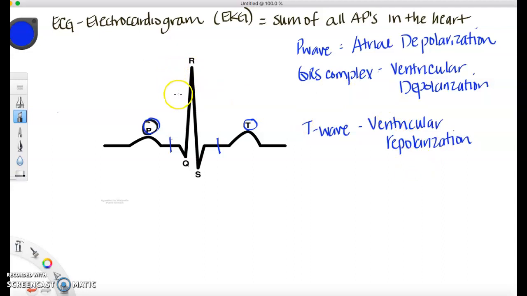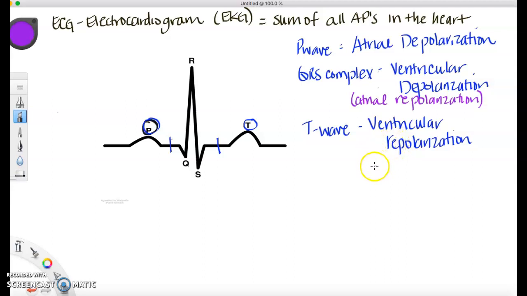So what happened to atrial repolarization? Well, atrial repolarization occurs during the QRS complex, so you don't see it. It's overshadowed by ventricular depolarization, but right here is also atrial repolarization.